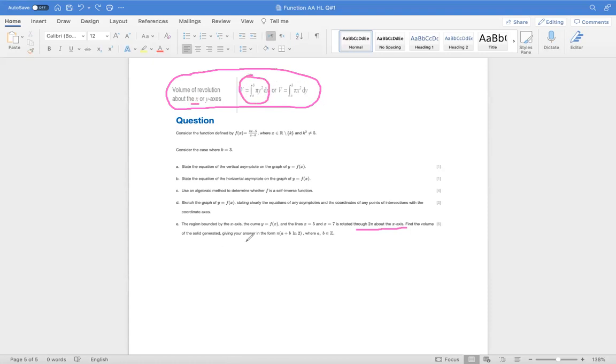He wants me to find out the volume. Let's try. So I have f of x function. We can always move pi outside of the integral. So pi, and I have my borders, which is given in this question, 7 to 5.